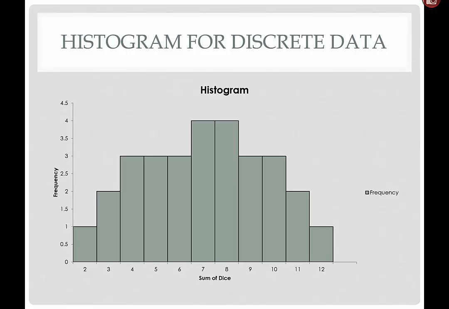And so then the bars for 3 and 4 meet at 3.5, and the bars for 4 and 5 meet at 4.5, and so on. And so this is the frequency. Notice that you don't have any halves because you can't get a half of a roll of dice. So all of the bars end up at whole numbers.